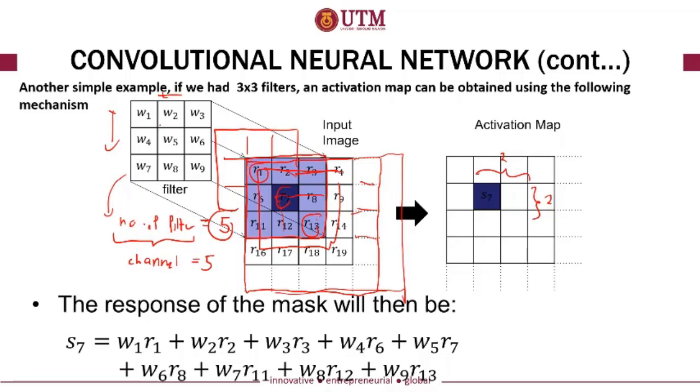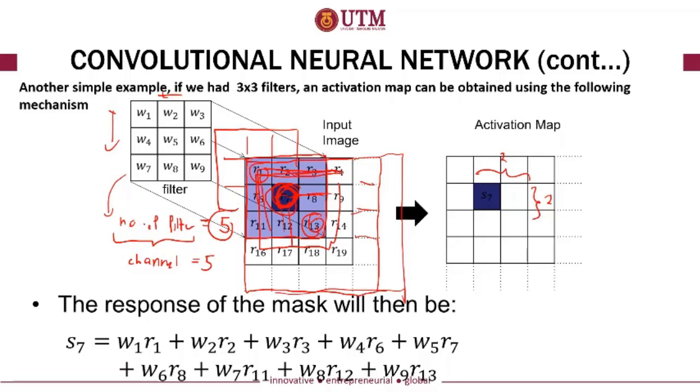If you use a filter with a size of 3 times 3, then you start here and ignore all the pixels close to the border. So if 3 times 3, you start here. If 5 times 5, you start here, meaning you ignore these 2 lines.